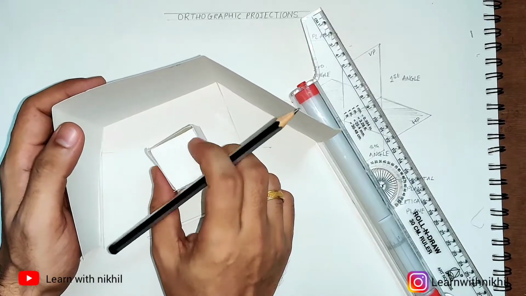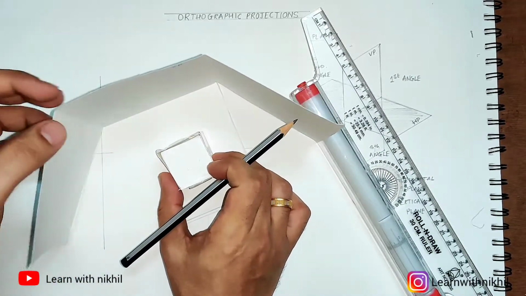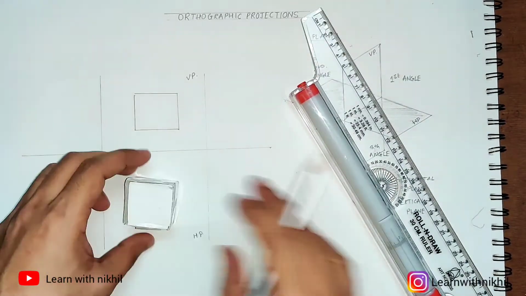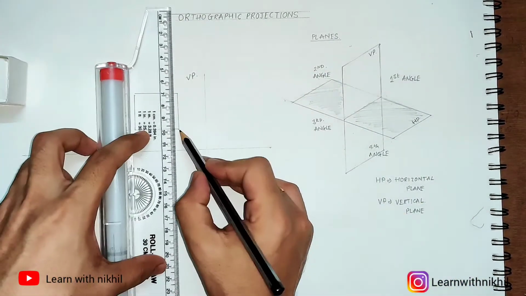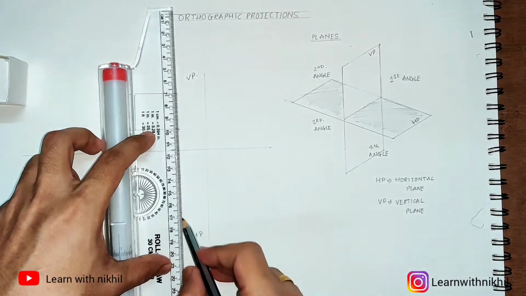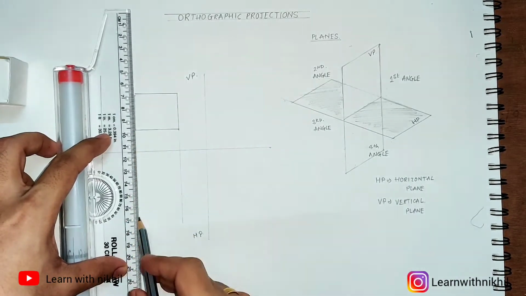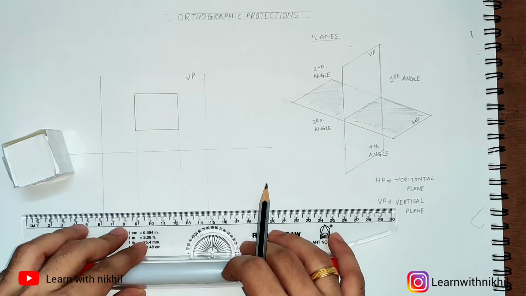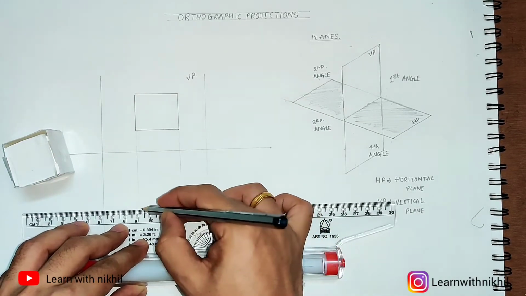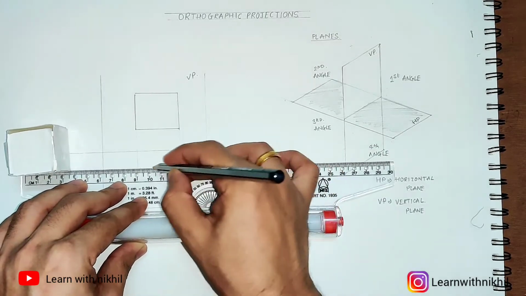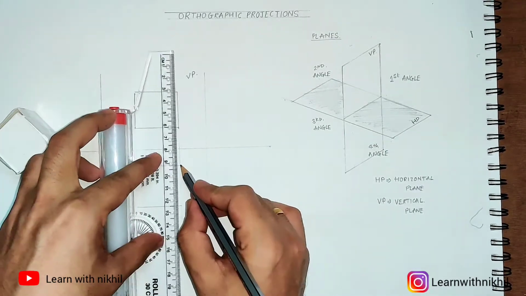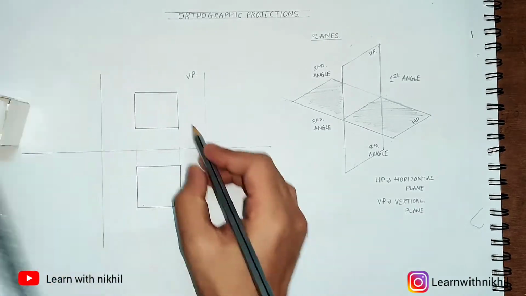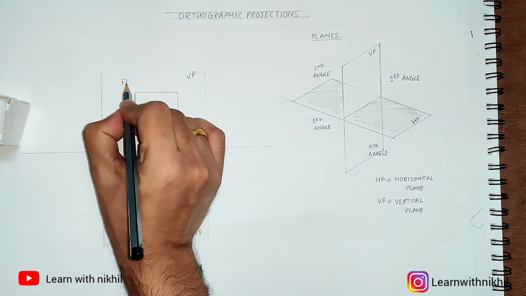Now from the top side, again we get a square, but now it is on the horizontal plane. Now the horizontal plane, if we open it up, will come down. So I'm just taking the projections from the front view downwards, as the sides remain the same, and on the horizontal plane we get the top view, and the top view is also a square.